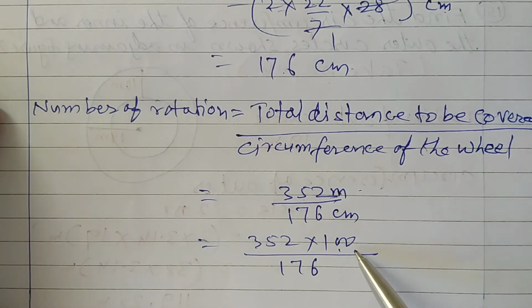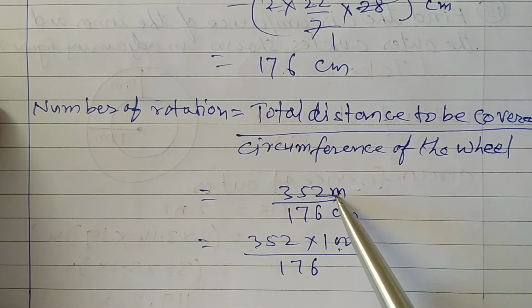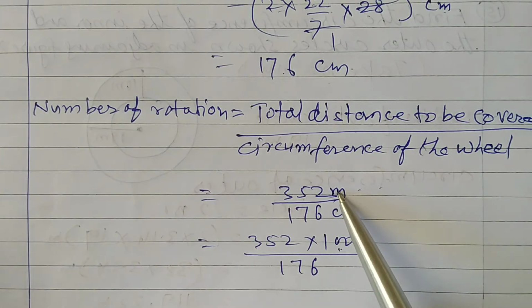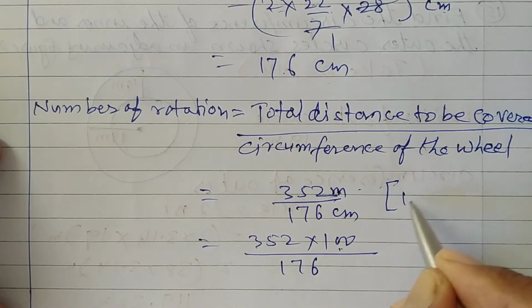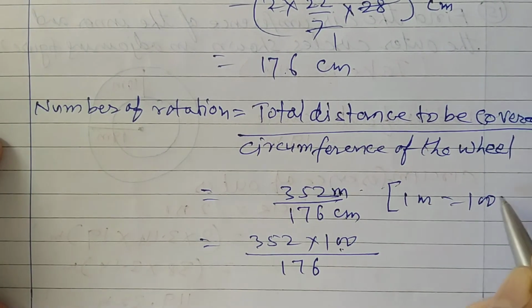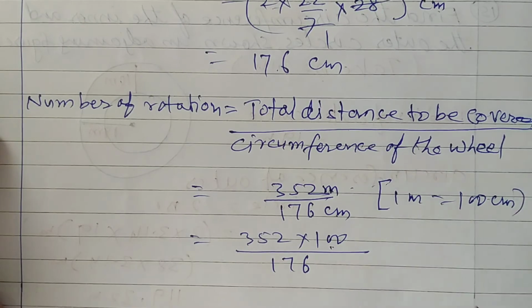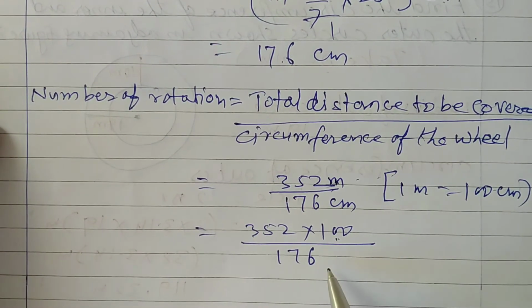Why do you know I have converted meter to centimeter? Because one is given in centimeter, one is given in meter. So we will not be able to cancel because both are different units. So we can write here 1 meter is equal to 100 centimeter. Now we try to cancel it.